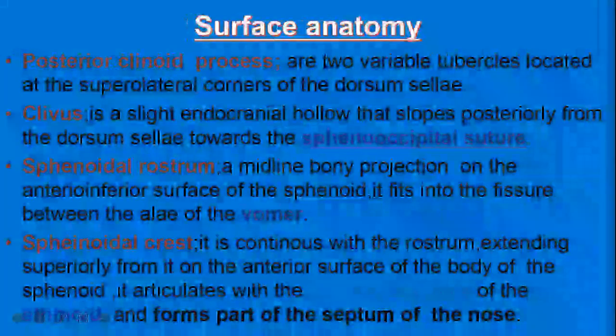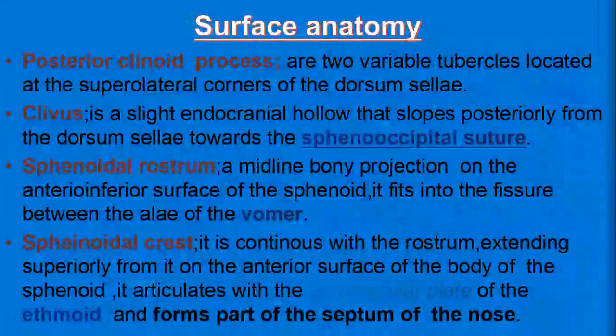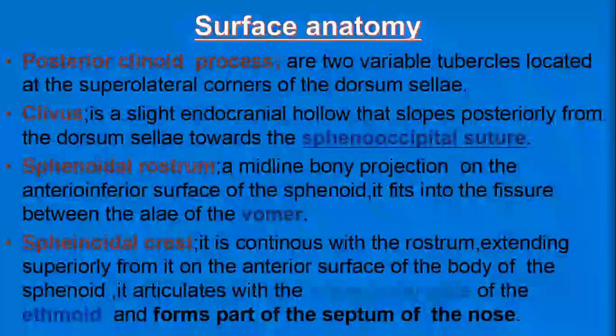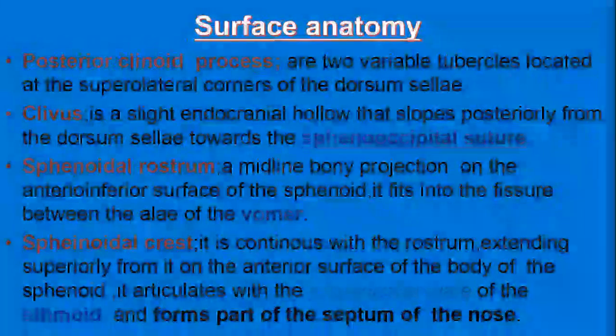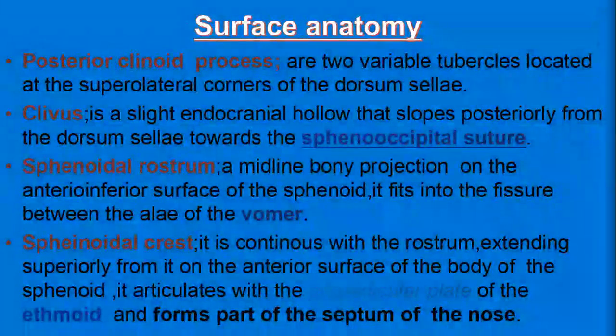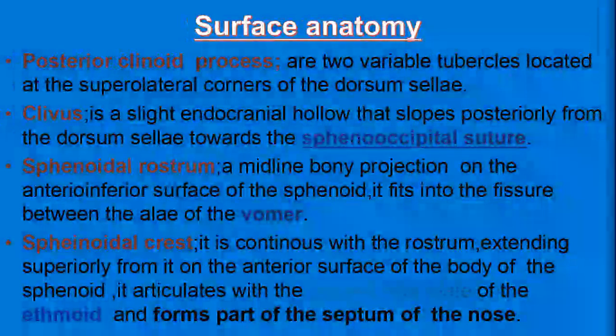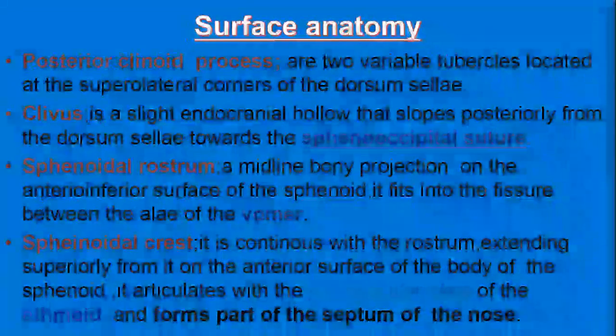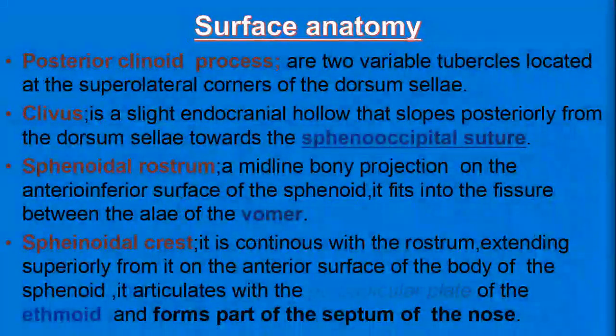The posterior clinoid processes are two variable tubercles located at the superolateral corners of the dorsum sella. Then the clivus is a slight endocranial hollow that slopes posteriorly from the dorsum sella towards the spheno-occipital suture. The sphenoidal rostrum, which I've been able to show you, is a midline bony projection on the anterior-inferior surface of the sphenoid, and it fits into the fissure between the ala and the vomer.